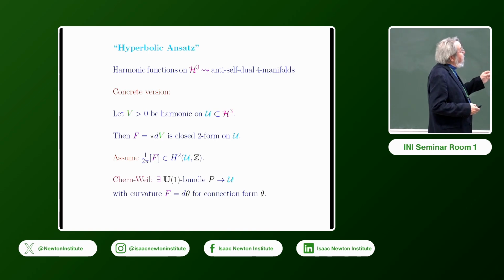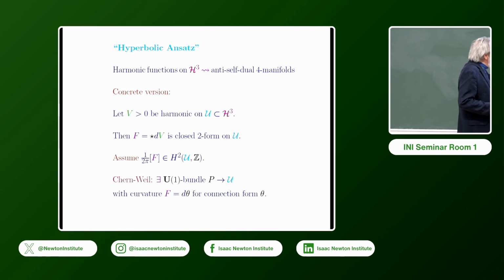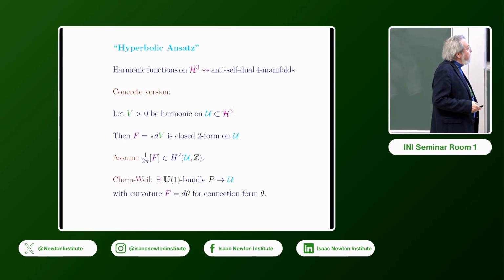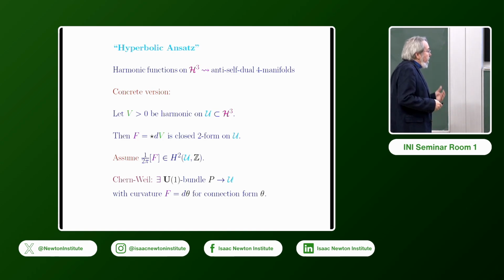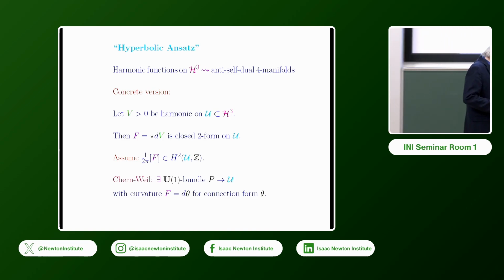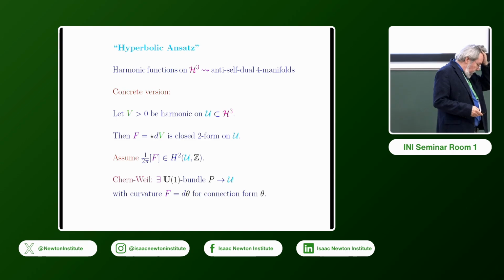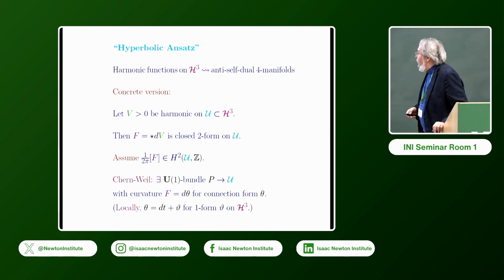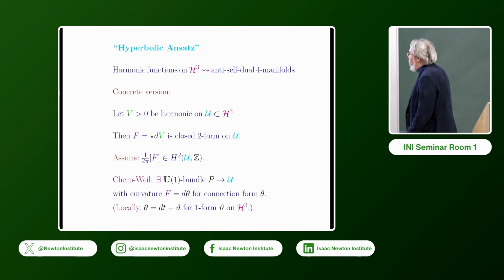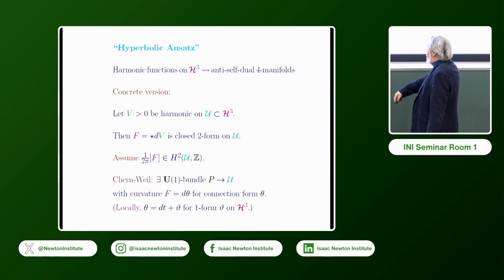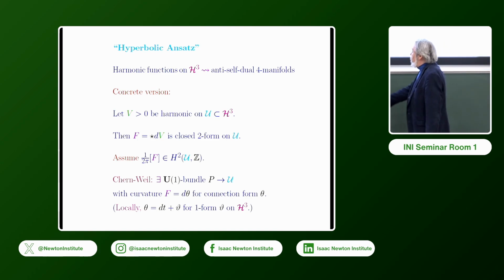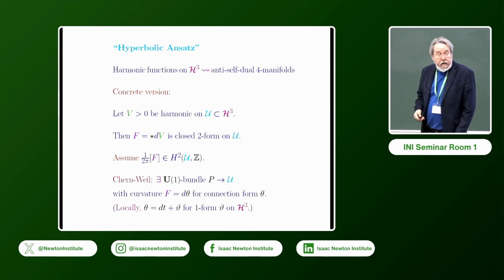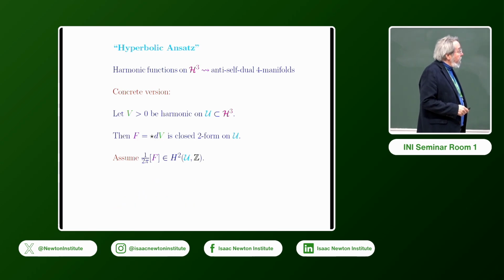So here we're starting with a positive harmonic function on some region of hyperbolic 3-space. We assume this quantization condition, and then you can say there's an associated U1 principal bundle, or circle bundle, on our region. So this is a principal connection. In terms of local trivialization, if t is the fiber coordinate, this is something that locally would look like dt plus theta, for a one-form theta on the base, on the region in hyperbolic 3-space.